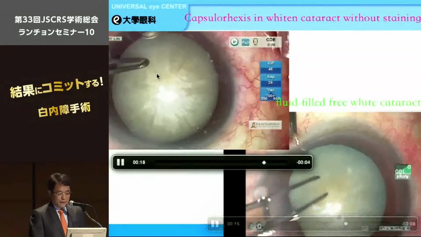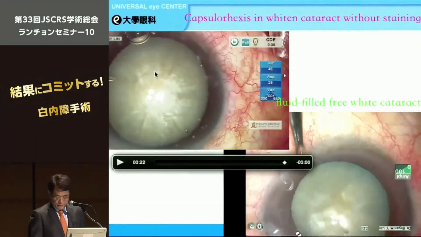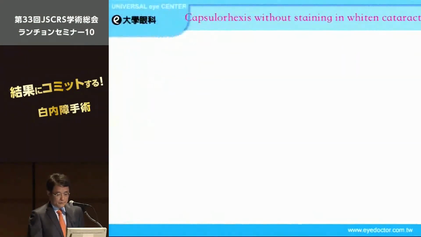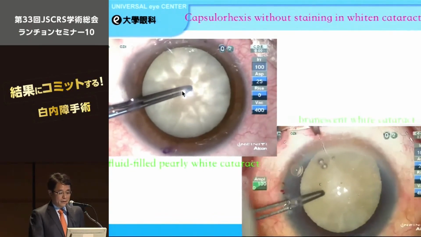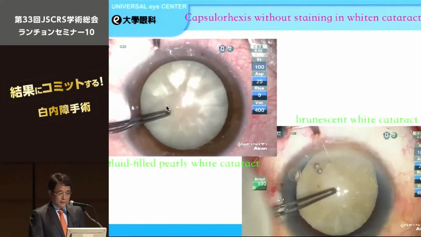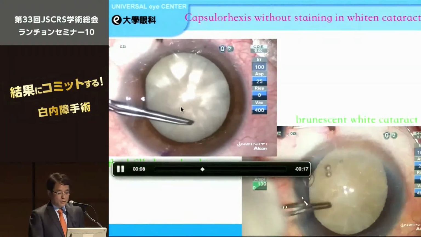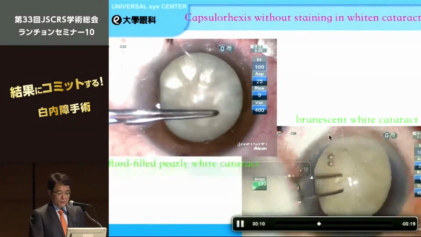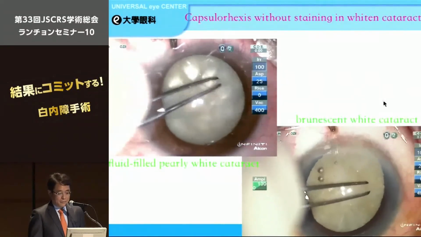When we release the flap, remember to make a flap. Puncture and open the anterior capsule firmly and progressively, not too weak, to make a good flap in this intumescent white cataract and brunescent white cataract surgery by ordinary procedure.